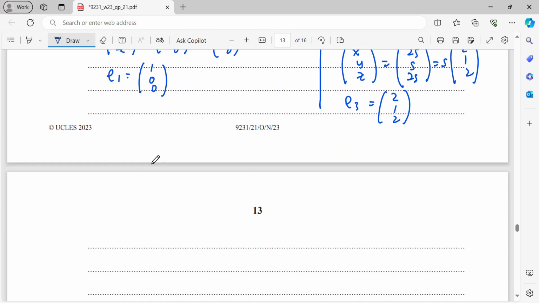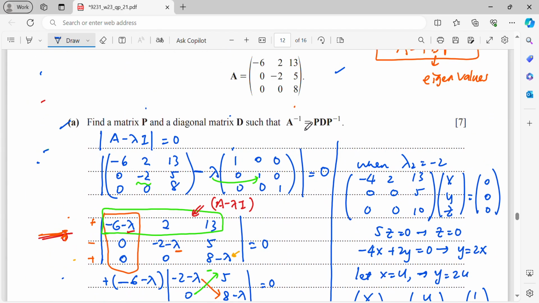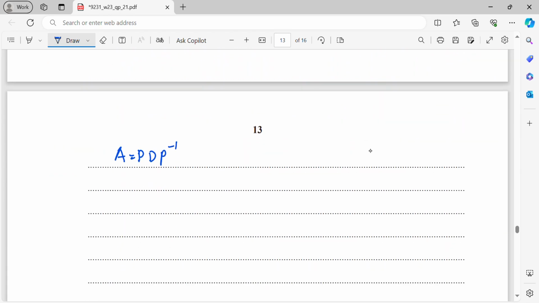Okay, so now I can write down for A, A equals PDP inverse. Now you are given A to the power -1, so we have a formula. If here A to the power n equals PD^nP inverse, that means now this D, let's say this is my D1, is D to the power -1.